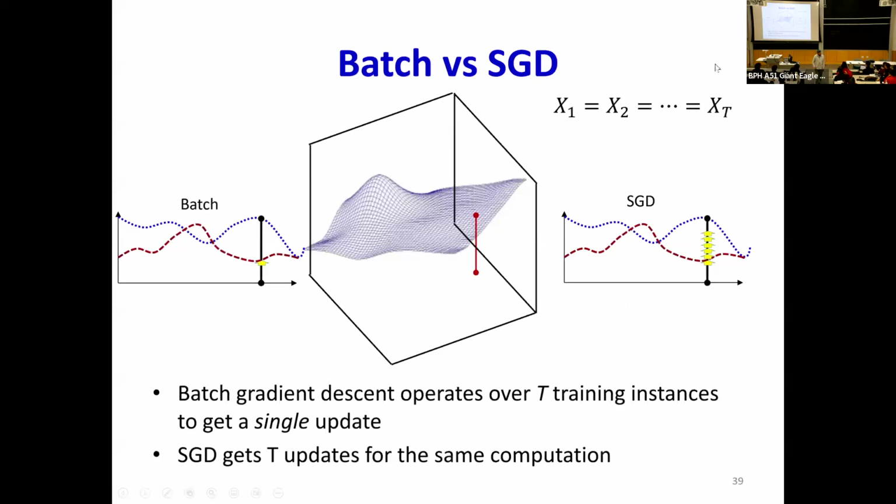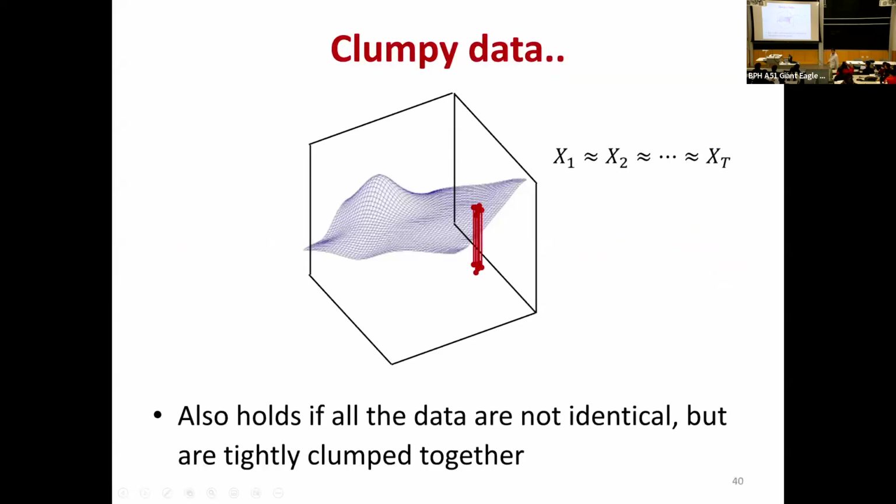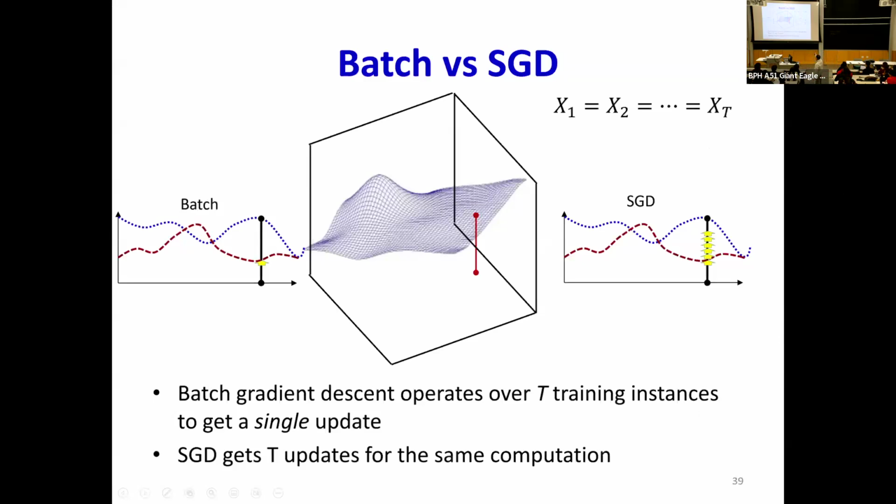Correct? Now, if the data instances were not all identical, but just slightly perturbed, the same principle would more or less hold. If I updated my parameters after each instance, it's going to be somewhat similar to this situation, right?